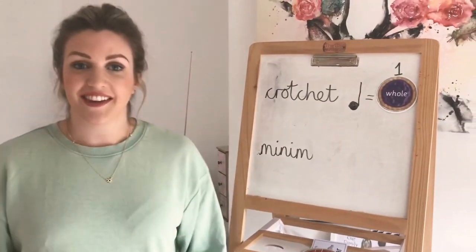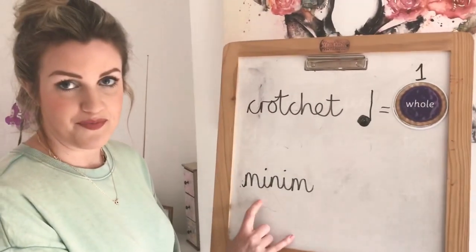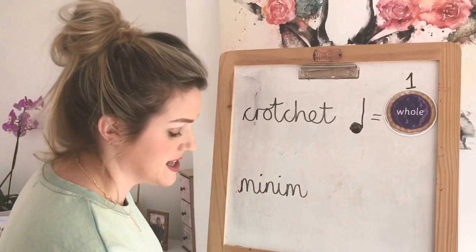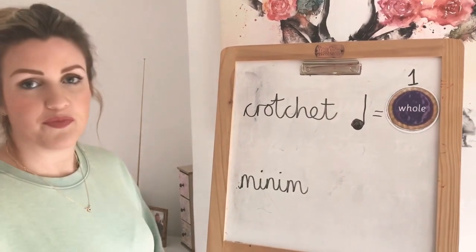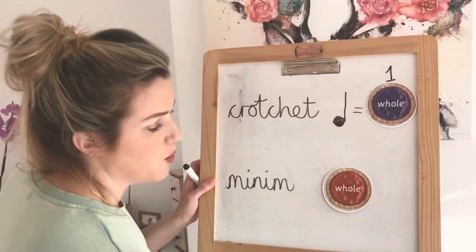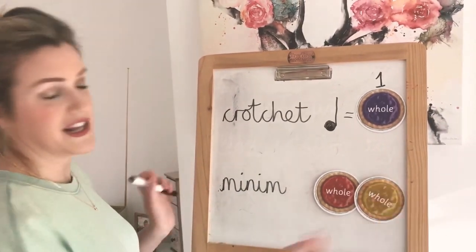The next one we're going to look at is a minim. A minim is the same value as 2 crotchets. So 1 beat, 2 beats.